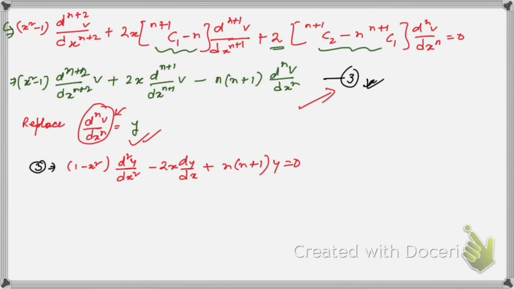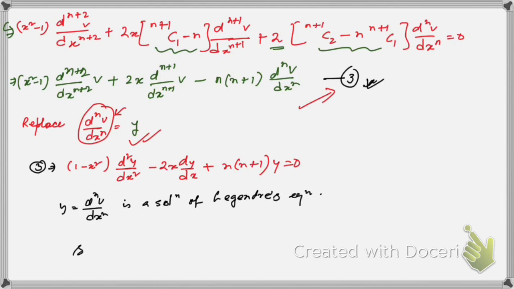So we can say that for this equation, y is equal to the nth order derivative of v with respect to x is a solution of Legendre equation, right?